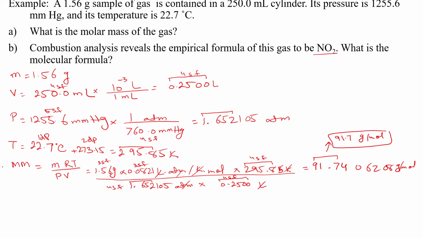Now, this one I will say is your method 1 to find molar mass. You can also find molar mass in 2 steps, and let's do that here as well. So first you will find the number of moles.